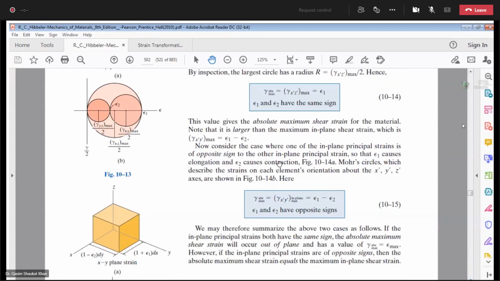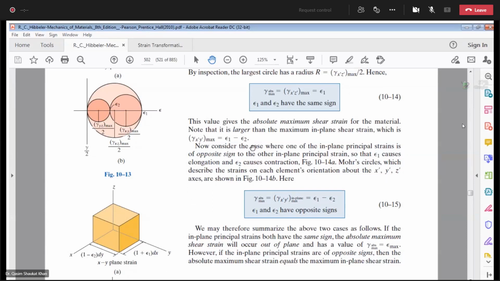Okay, now in the second case, you have epsilon x positive and epsilon y negative, resulting in epsilon 2, the minor principal strain, being negative and the major principal strain epsilon 1 being positive.